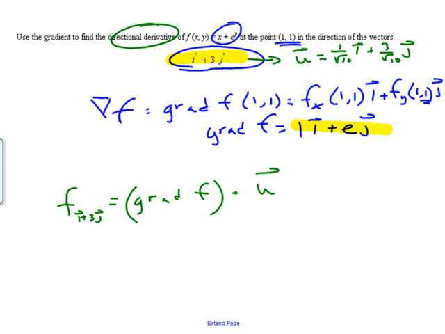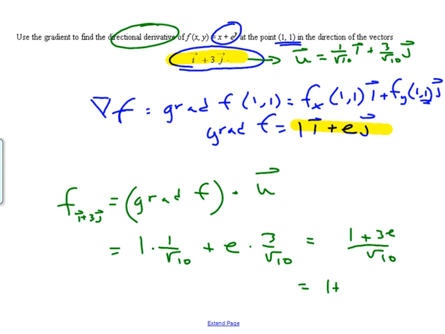When we multiply those components together, we get 1 times 1 over root 10 plus e times 3 over root 10, which if we simplify, we get (1 + 3e) over root 10. And if we write that in better math language, we have (1 + 3e) root 10 over 10.